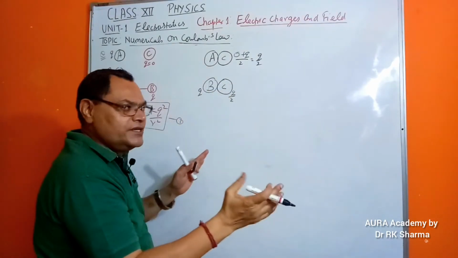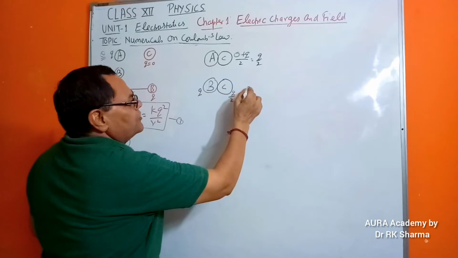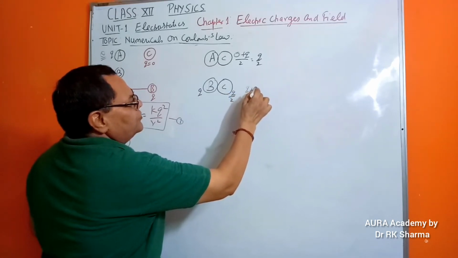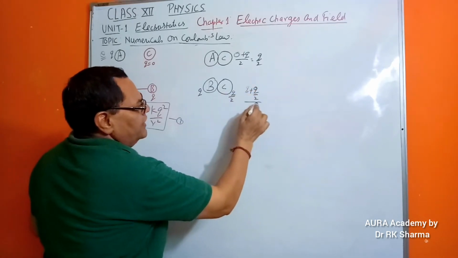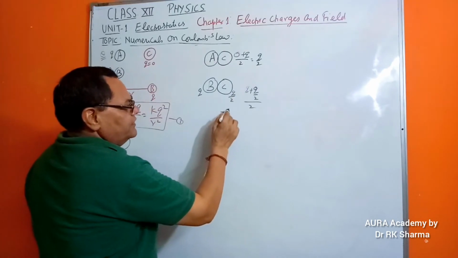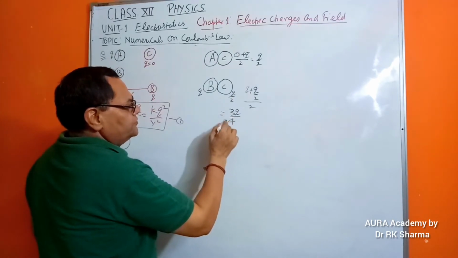It will again be the average of the two, meaning Q was on B and Q by 2 on C, and the average of the two, if we simplify, will come to 3Q by 4.